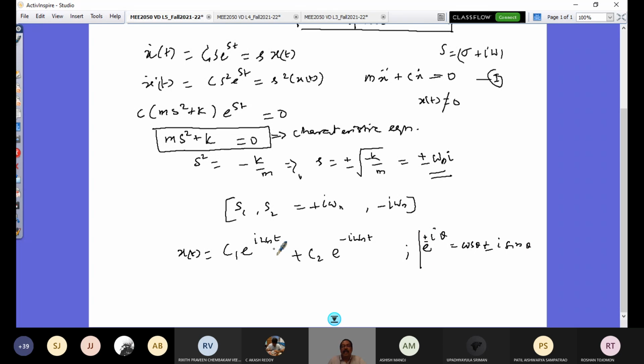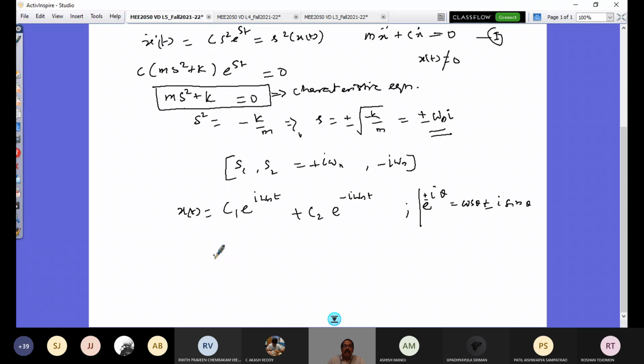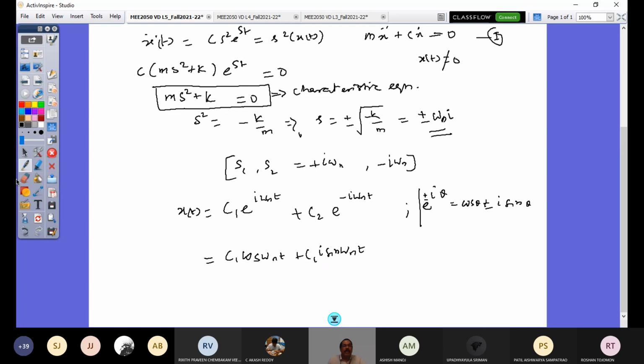In a similar way, I can expand this and rewrite x of t as follows: C1 cos omega n t plus i C1 sin omega n t, you can write it like this.